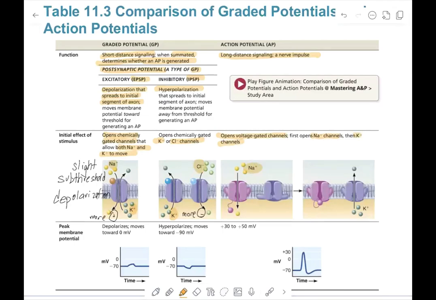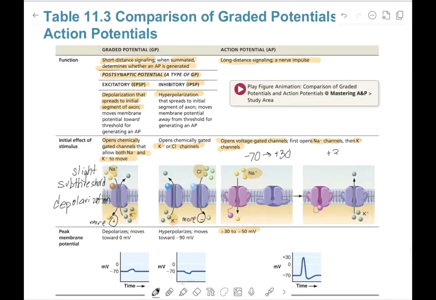Sodium enters and it goes from negative 70 to plus 30. And when potassium leaves, it goes from plus 30 down to negative 90 with the potassium leaving.